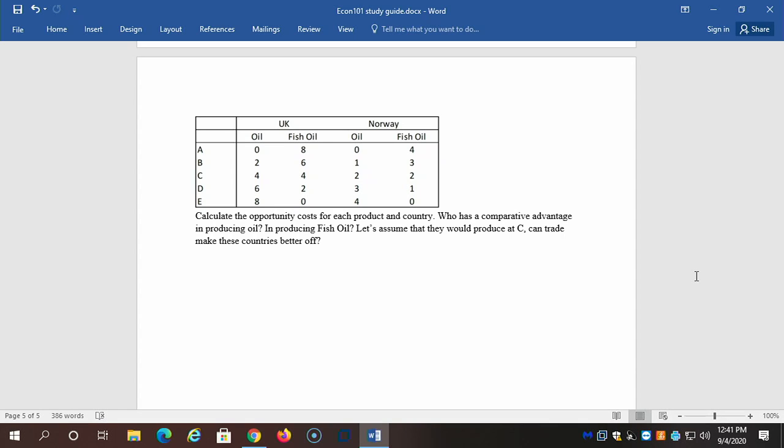And normative analysis would be that is bad because, and then you argue the reasons. So positive is more objective, and normative is more opinion-based. We'll do mostly positive analysis in this class, but every now and then we'll have some normative stuff.